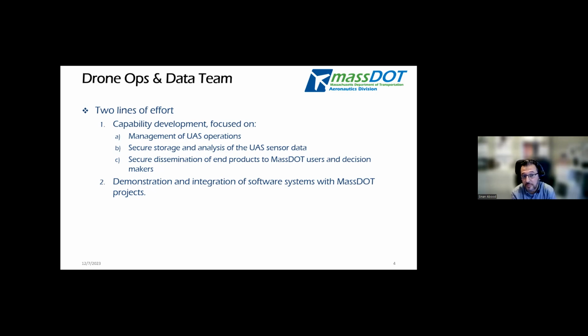We are also responsible for the secure dissemination of our products, and I should say applications, to MassDOT users. At the same time, we provide solutions and demonstrations to integrate our technology with MassDOT transportation systems and the overall MassDOT enterprise.